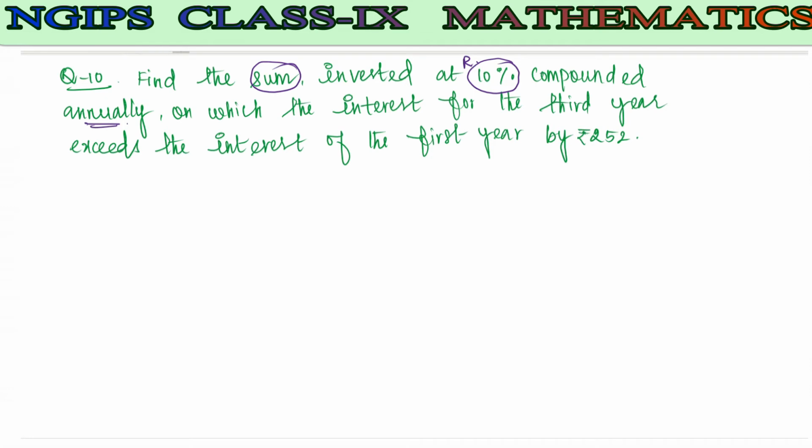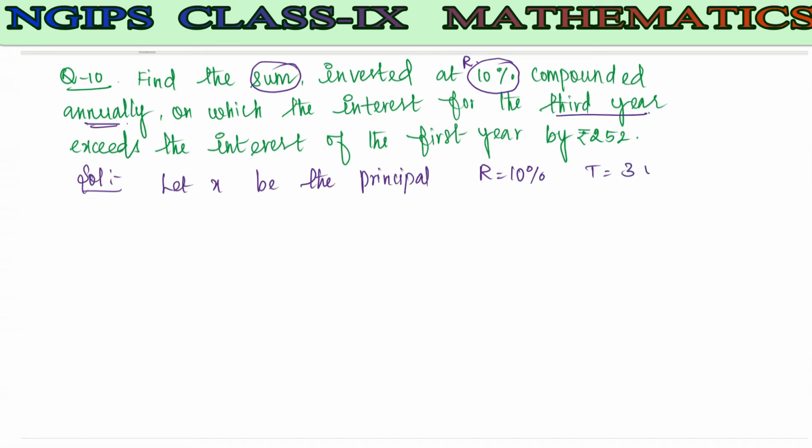Now if you look at this question, we don't know the principal. So here I can take principal, let x be the principal, and they have given rate is equal to 10% and time period. Now listen carefully, they have given 3 years.